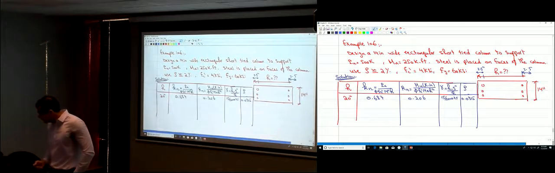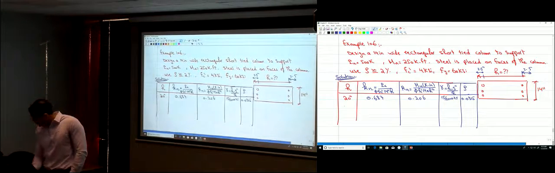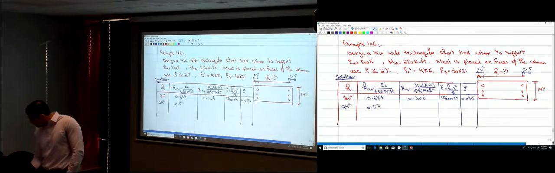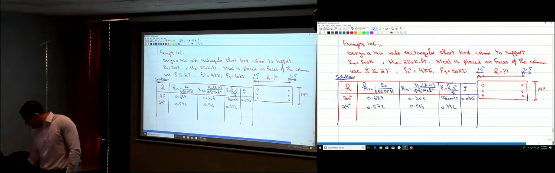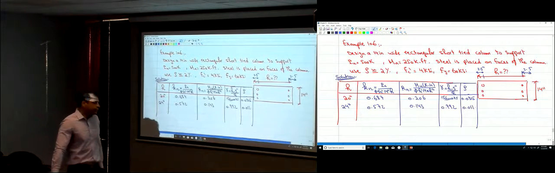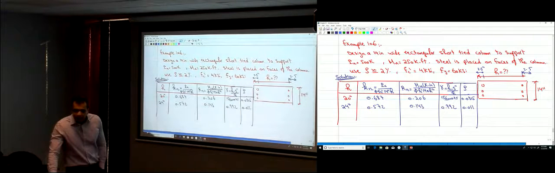So I'm going to assume here h equal to 24 inches. If it's 24 inches, Kn is going to be 0.572, Rn is 0.143, gamma is 0.792, and rho is 1.1%. Is that what you're looking for?